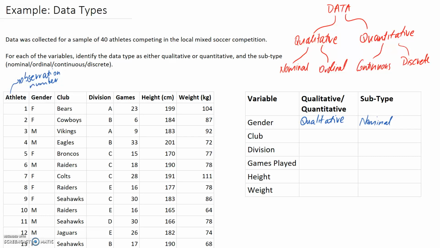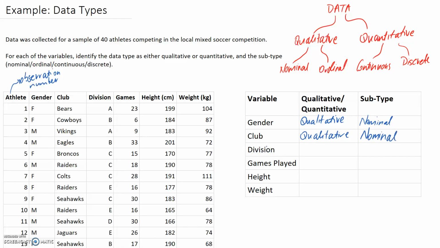So if it's a categorical variable, that means that it's qualitative data. And then we need to choose whether it's nominal or ordinal. I would suggest again that we're on the nominal side of things, simply because there's no natural order amongst these categories. Again, we can't say that Bears are better than Cowboys or Vikings are higher than Eagles. It just doesn't make sense. So that's what goes in here.